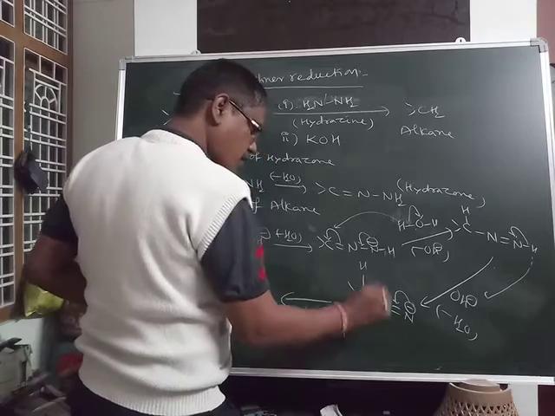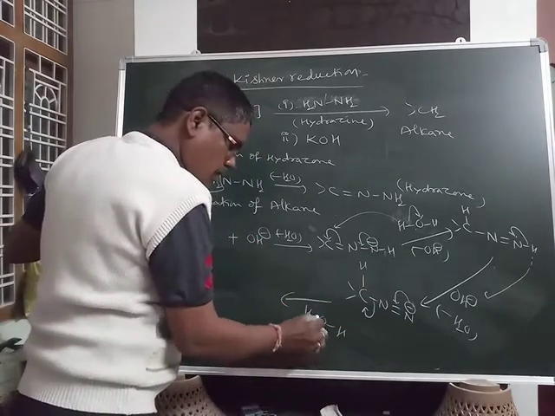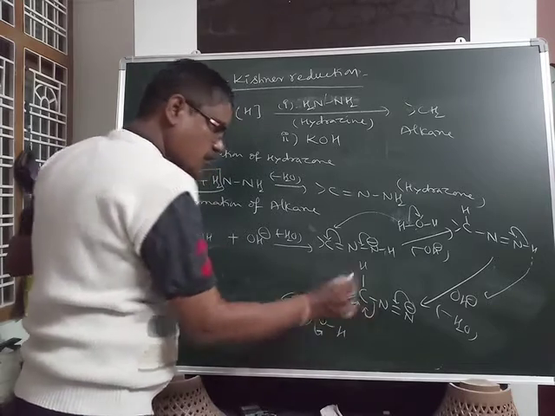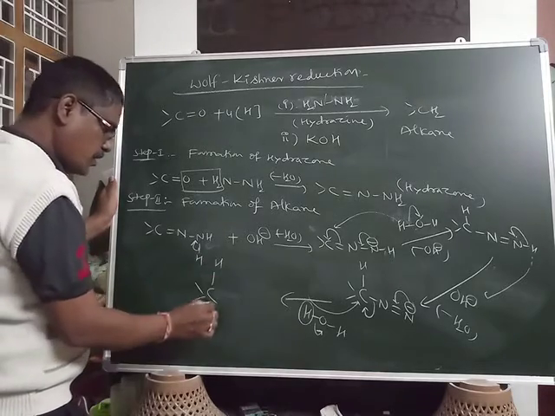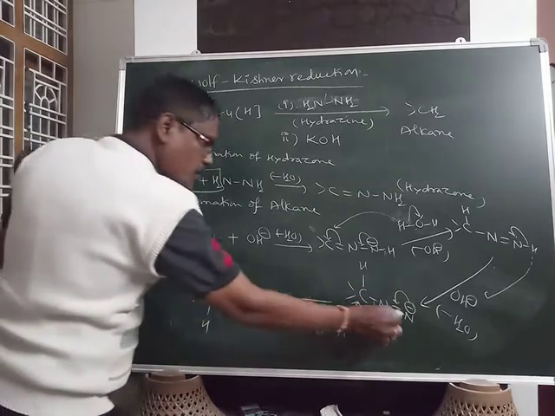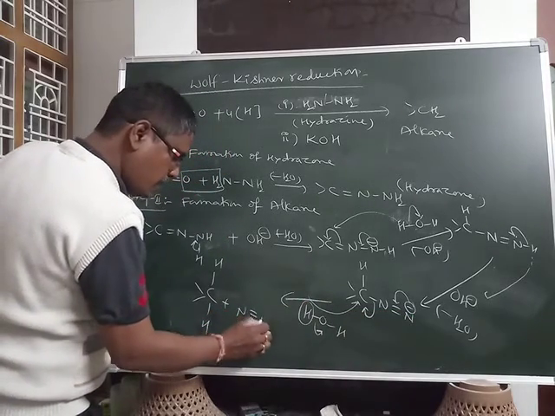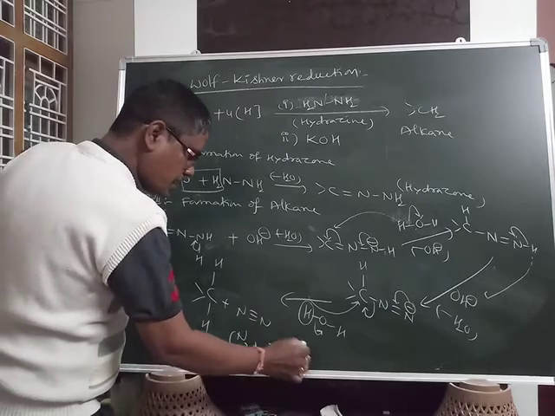Now the added OH minus is eliminated, and H plus is added to this one. The final one: H is already present, a new H here, and nitrogen is eliminated as double bond N, and OH minus is eliminated. So this is the outcome.